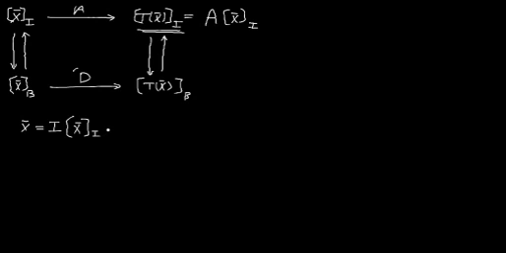So this vector is represented by a matrix-vector multiplication. That one is again represented by the C matrix and the coordinate of the vector x with respect to B.